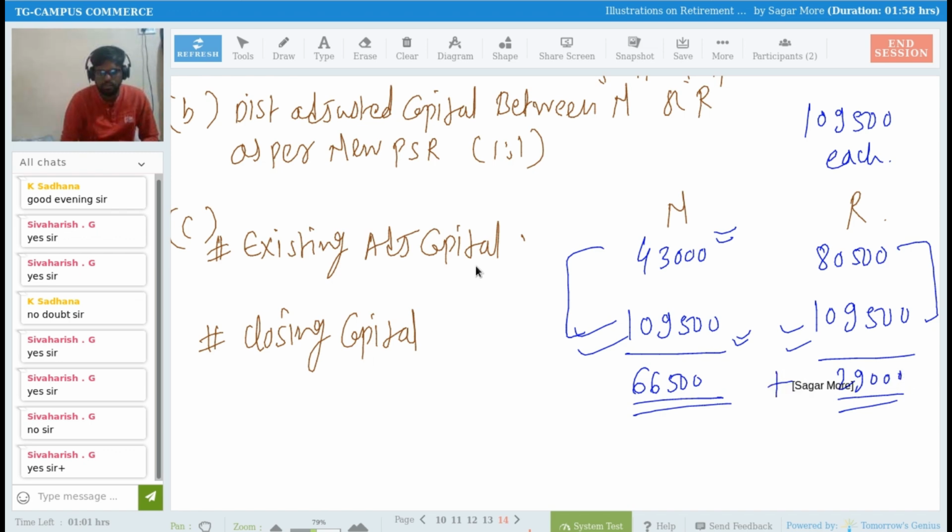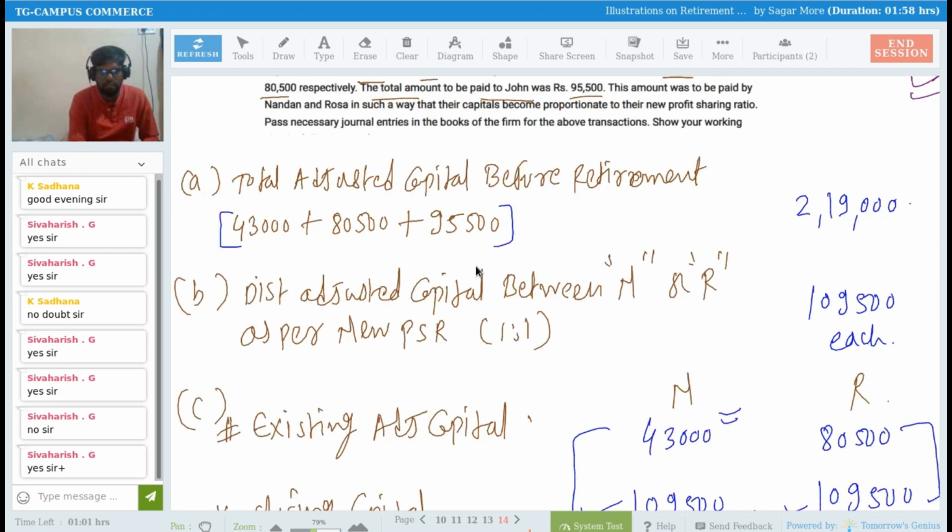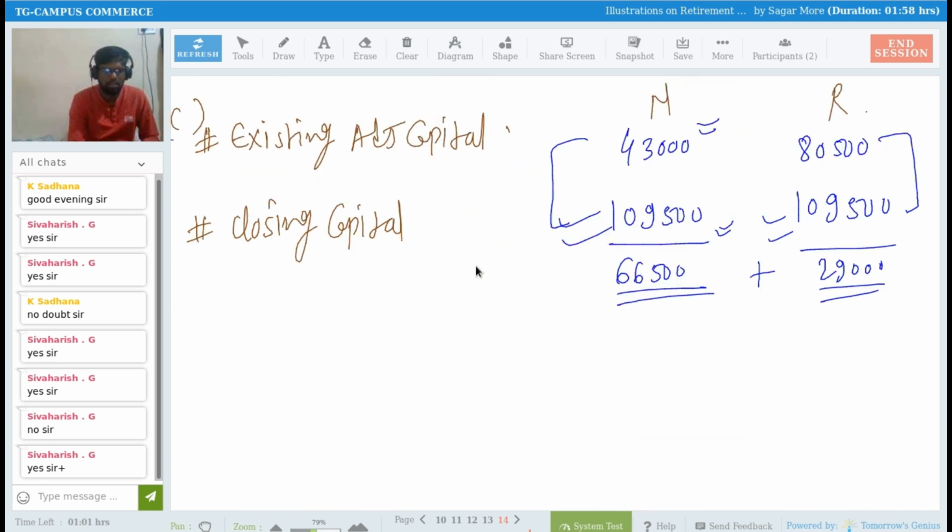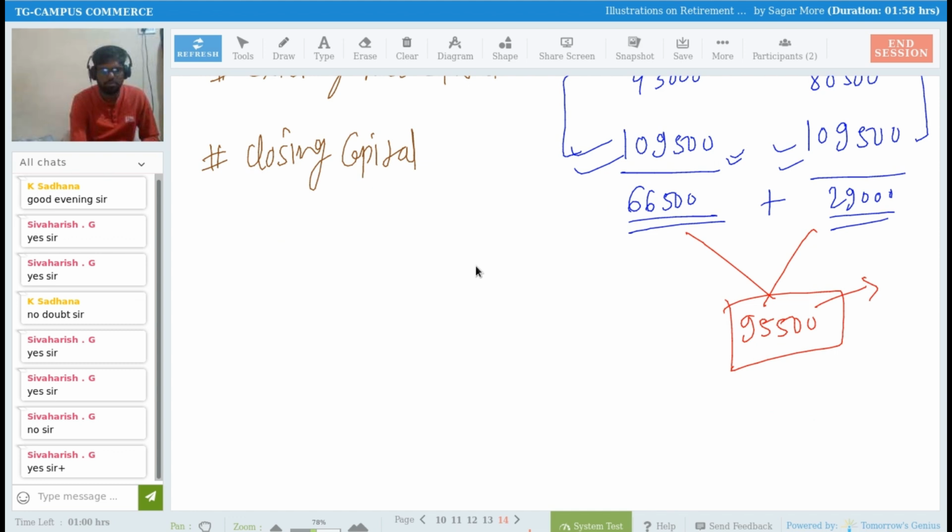If you add these, 66,500 plus 29,000, is it matching with 95,500? Yes, it is matching with 95,500, which is payable to John.